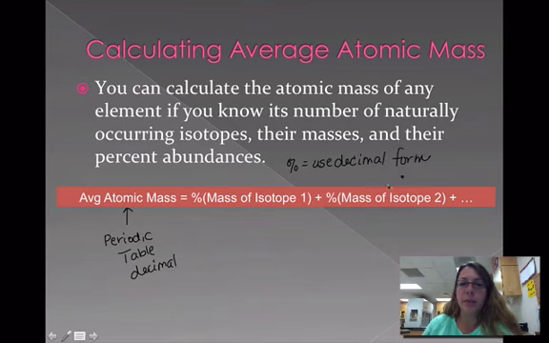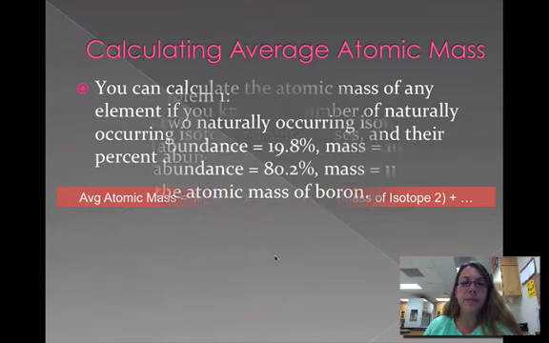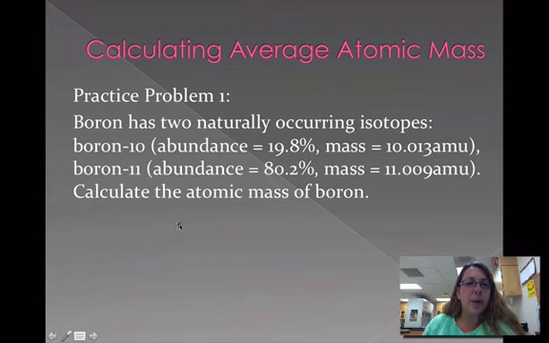We have an example with this one. The first practice problem says boron has 2 naturally occurring isotopes. Boron-10 has an abundance of 19.8% and its actual mass is 10.013 AMUs. And boron-11 has an abundance of 80.2% with a mass of 11.009 AMUs. Calculate the atomic mass of boron.